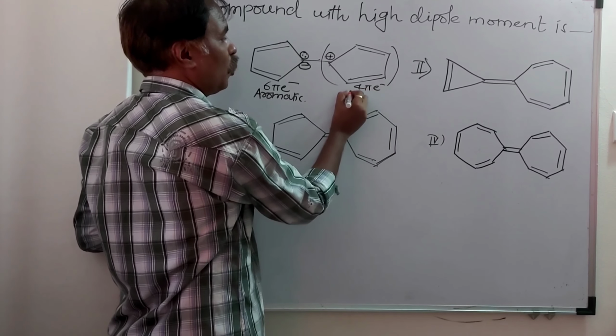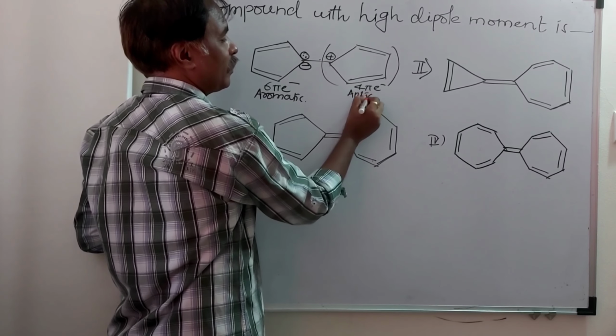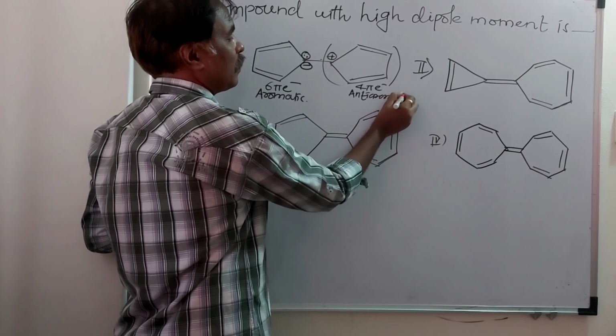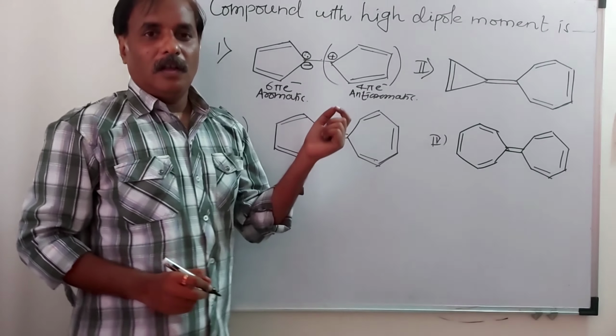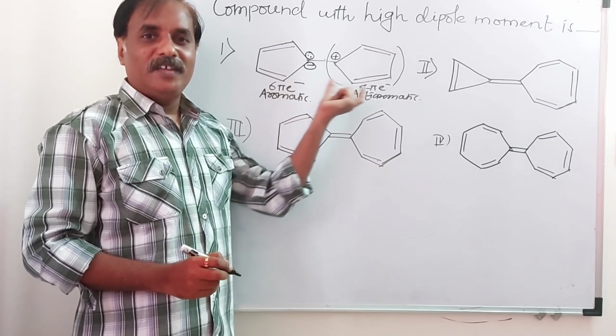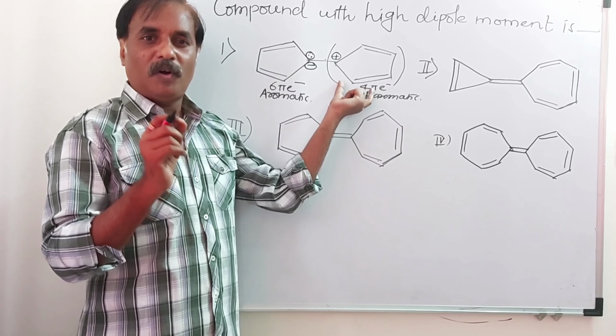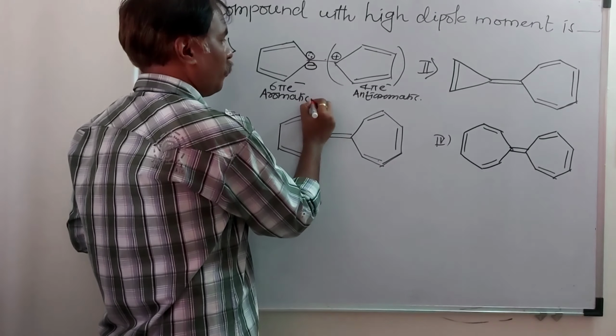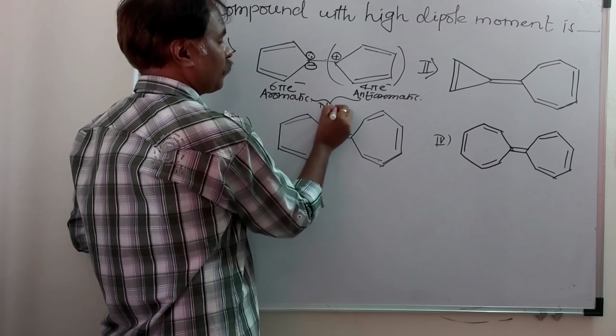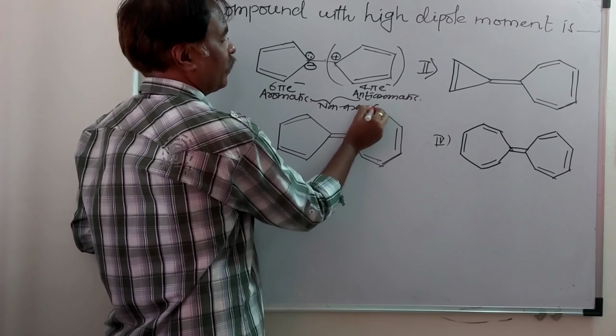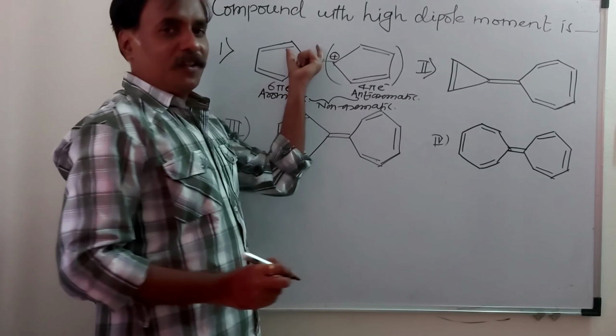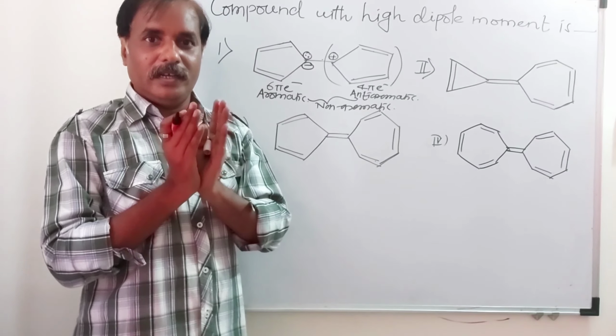And ring number 2 is anti-aromatic. When one ring is aromatic and the second one is anti-aromatic, we know that the compound is non-aromatic. Overall the compound is non-aromatic, and this polarization is unstable.